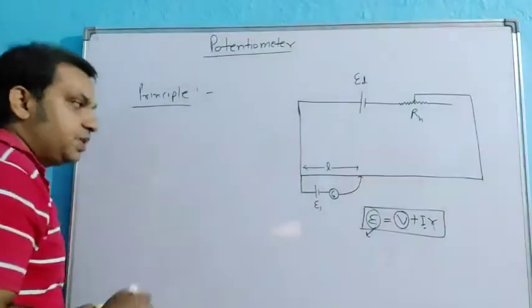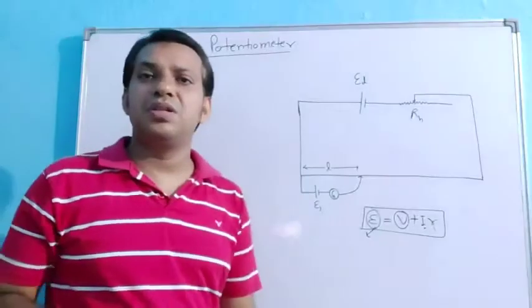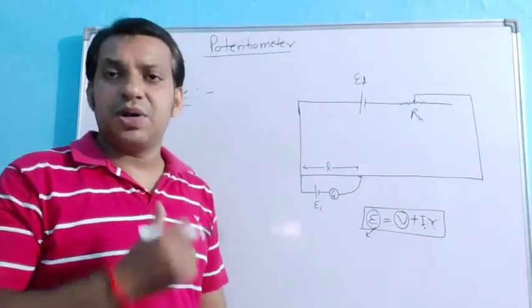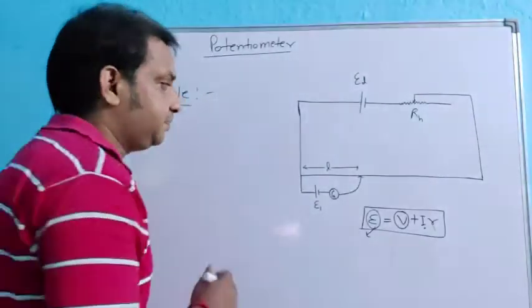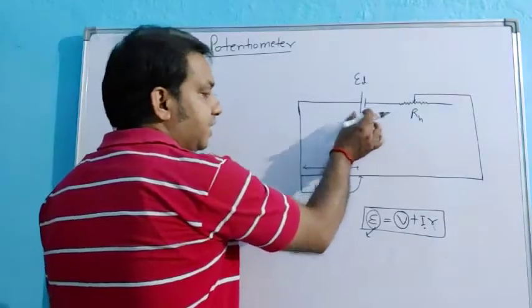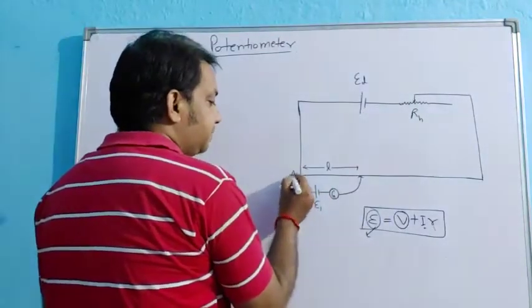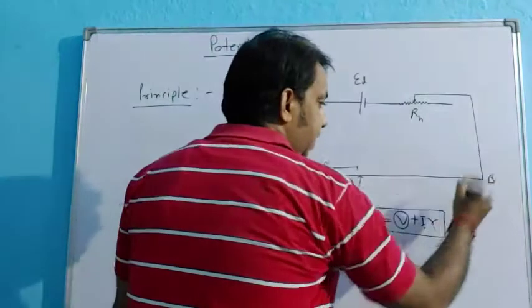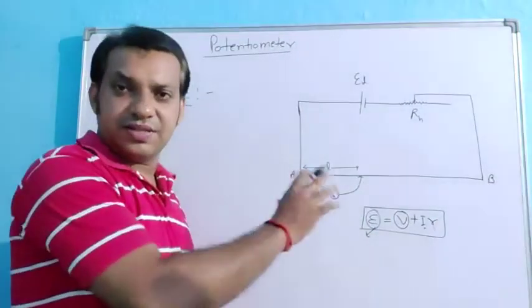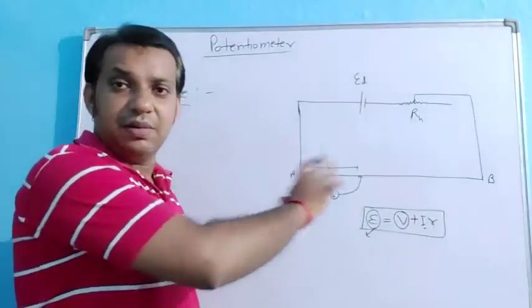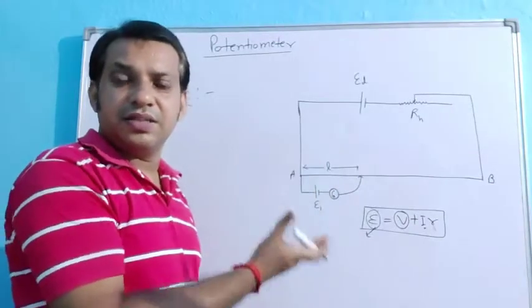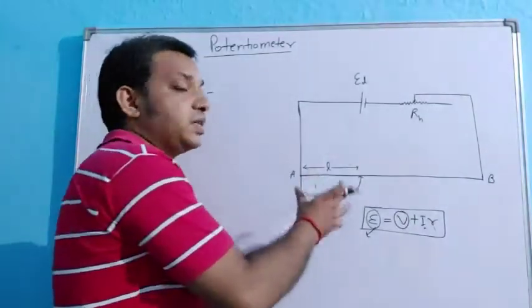The principle of this device is based upon the potential gradient concept. What is potential gradient? Just see here. Because of this driver cell, there is an AB wire whose resistance is known, because it is a potentiometer wire, generally made of nichrome, whose resistance is known.